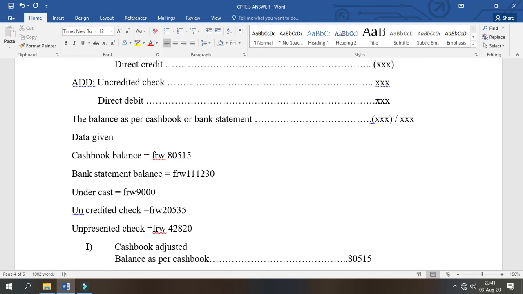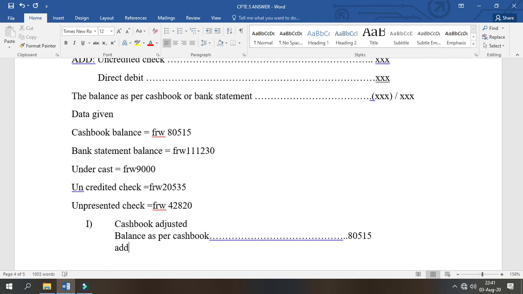We are going to add this undercast. This undercast is decreasing the debit side of the cash book, then we are going to add it. Add the undercast, which is equal to 9,000.